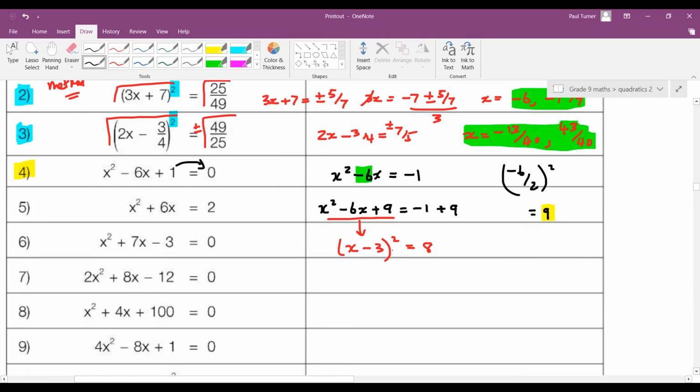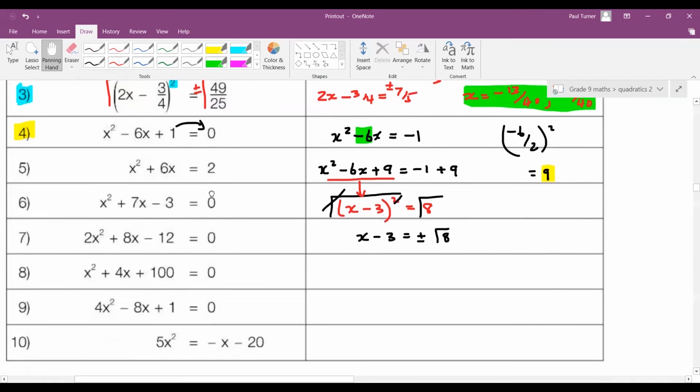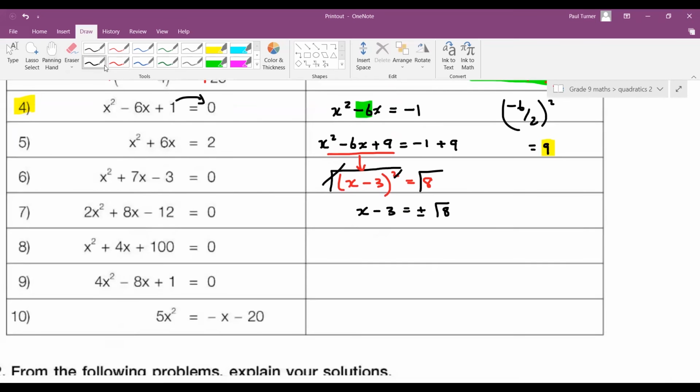So now we will square root both sides, like that, cancel your square as usual. So x minus 3 is plus or minus root 8. Bring your 3 to the other side. So x equals 3 plus or minus root 8.